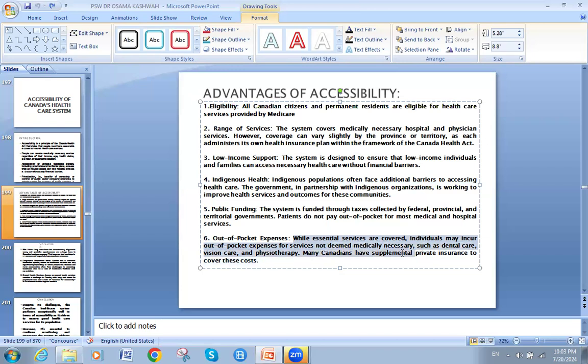Many Canadians have supplemental private insurance to cover these costs. So things like dental care are outside of the health insurance, and you can pay for them with your own money. Some services are not included in the health coverage plan.